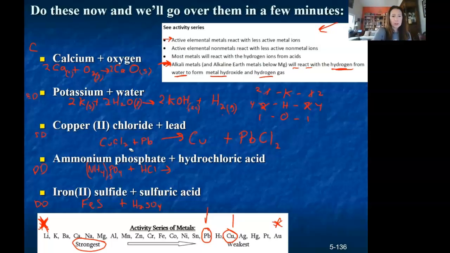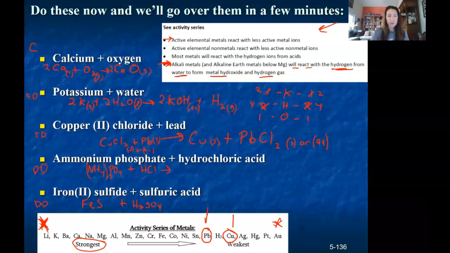So you could have called this a solid if you wanted to, or you could have called it aqueous, because I didn't say. But for sure, lead is a solid. For sure, copper is a solid. And again, because I didn't say aqueous, you could have called that a solid. If I would have said this is in water, you would have said it's aqueous. And then we don't even have to balance it. It worked out perfect.